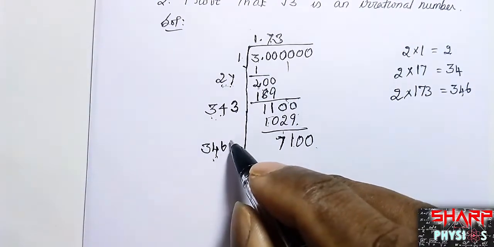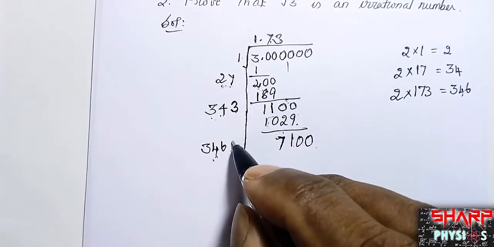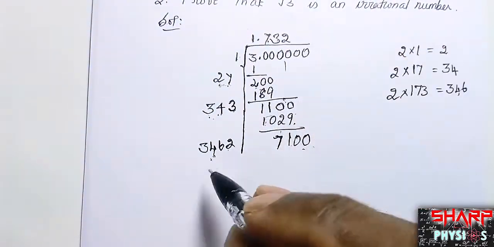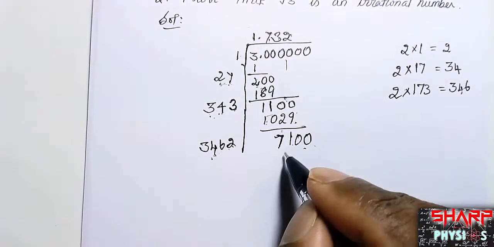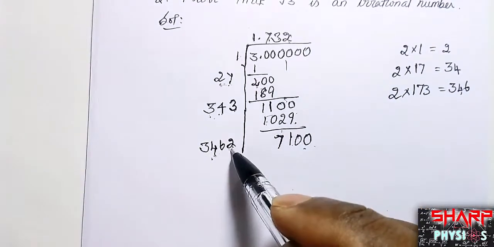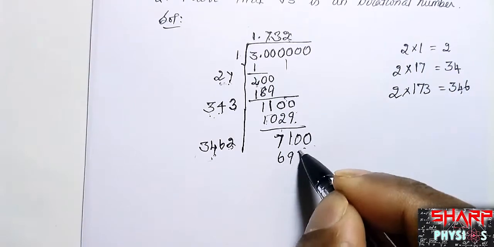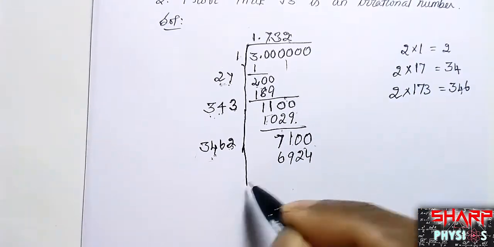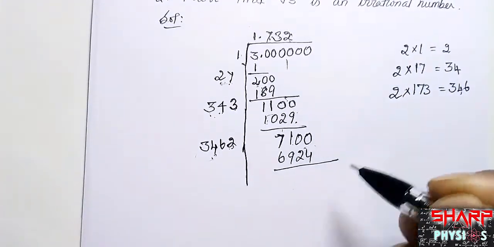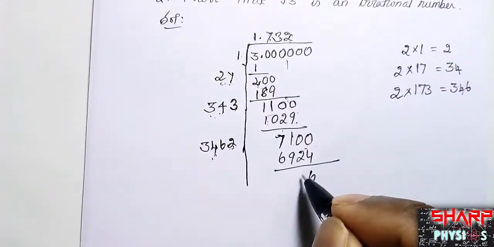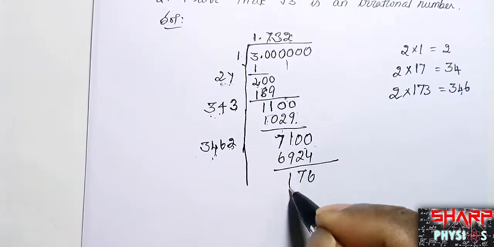So if you put 1 it is coming very much less, if you put 2 it is almost nearing, so 2. When you write 2 here, you have to write 2 here, and with this 2 you have to multiply this, you get an answer 6924. So when you subtract this, you get 6, you get 7, you get 1.